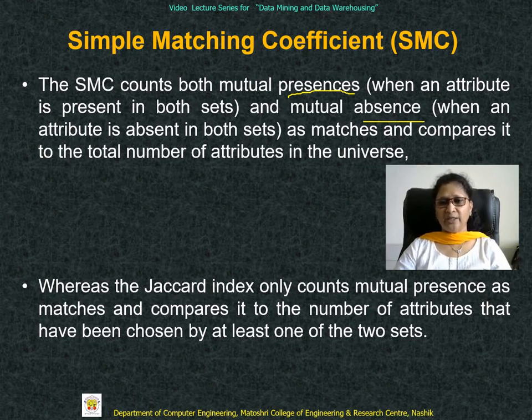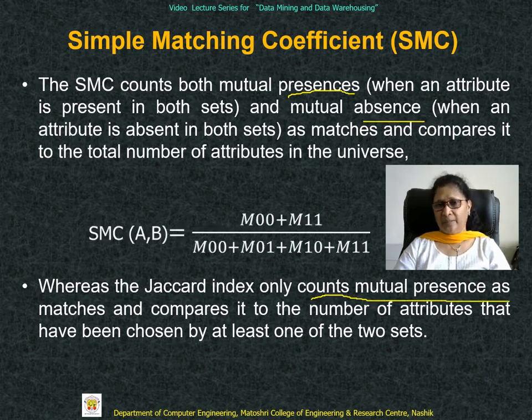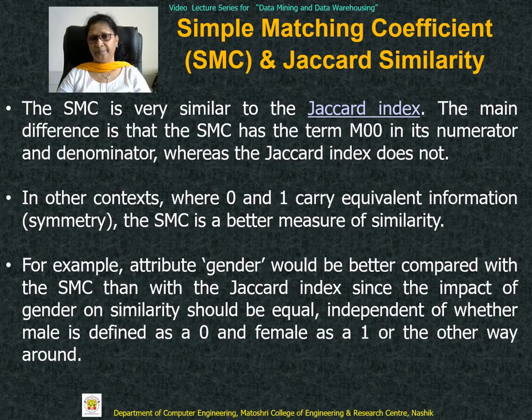In Jaccard index, we were referring to only mutual presence, whereas mutual absence was excluded. So the formula SMC, that is simple matching coefficient for two objects A and B, is as this, that is we are treating both mutual absence and mutual presence.